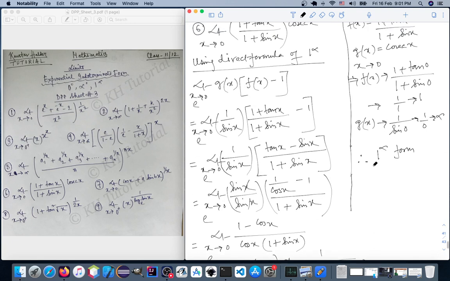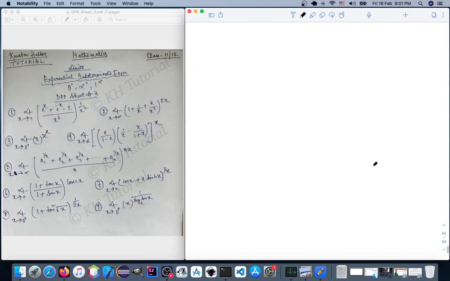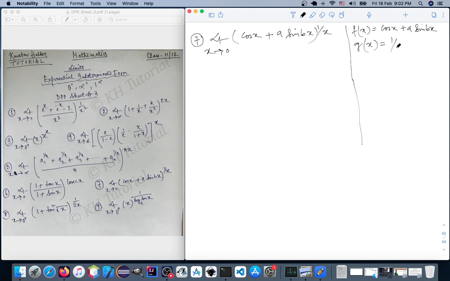Let's see the next problem. It says limit x tends to 0 of cos x plus a sin bx whole to the power 1 by x. So fx is cos x plus a sin bx, and gx is 1 by x.